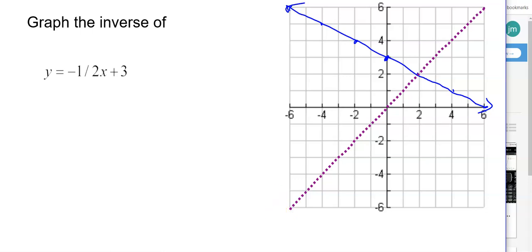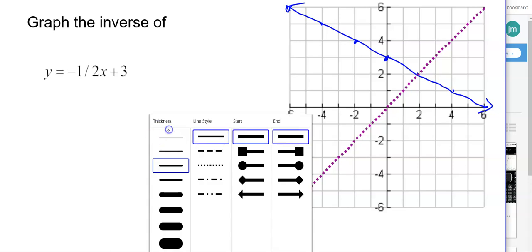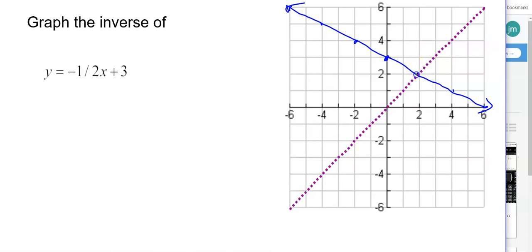So let's find the inverse of this function graphically, see if we can find it. So this point's going to be the same, right? It reflects right on the reflection line, the identity line. This point will reflect over to here, I believe. Let's see. Yep. This point will reflect over to here, so this one goes to here.